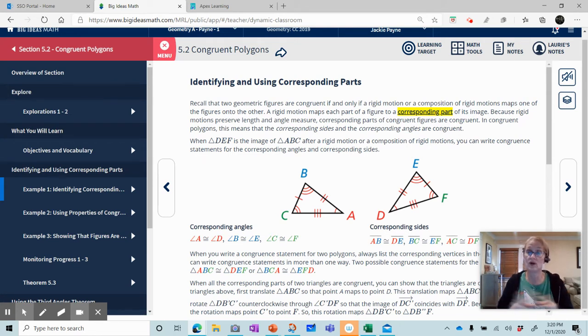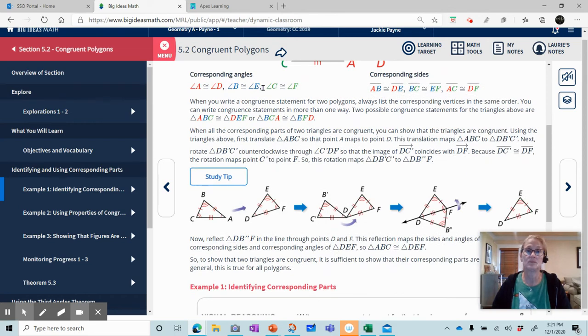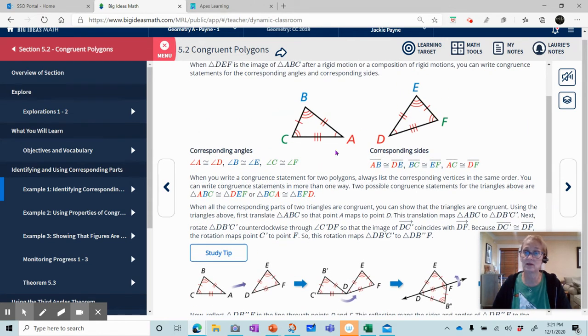So we can write what's called congruence statements. We can say that this angle is congruent to this angle, or this side is congruent to this side, or this triangle is congruent to this triangle. You see the picture here, where we've got these corresponding angles. A corresponds to D, C corresponds to F, B corresponds to E, because you'll notice their tick marks are the same.